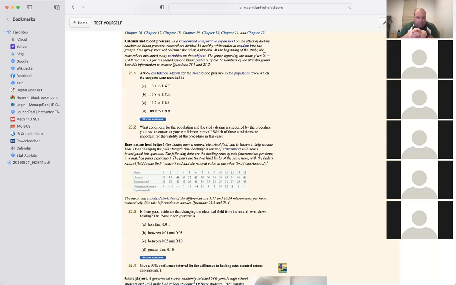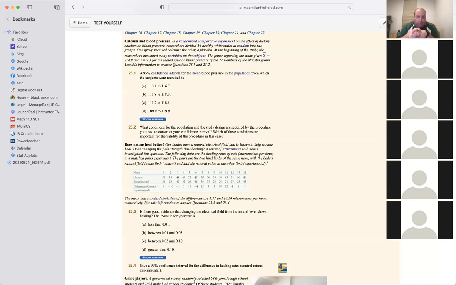The following data are the healing rates of cuts, in micrometers per hour. So 25 what? Micrometers per hour. 13 micrometers per hour, and so on.